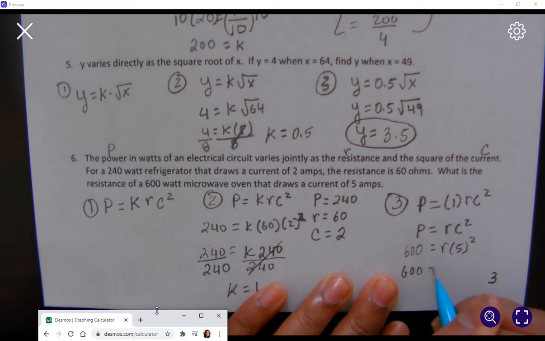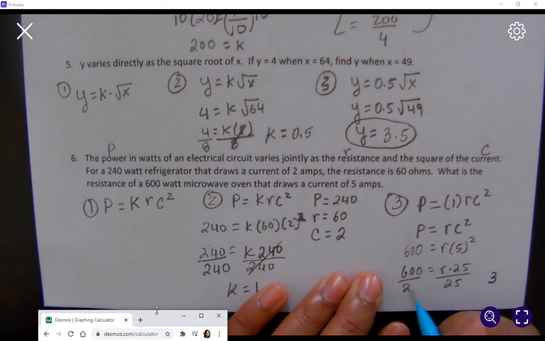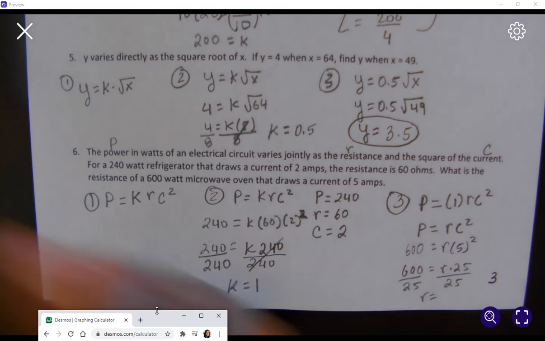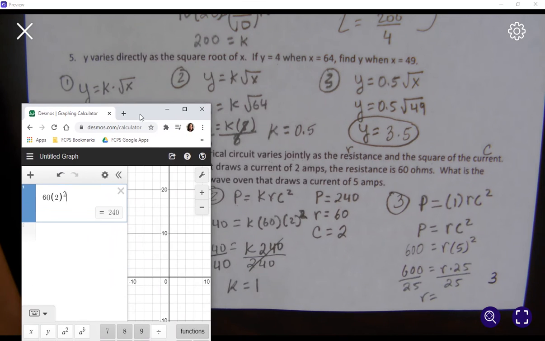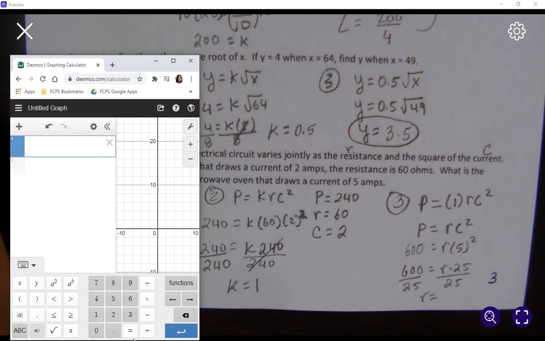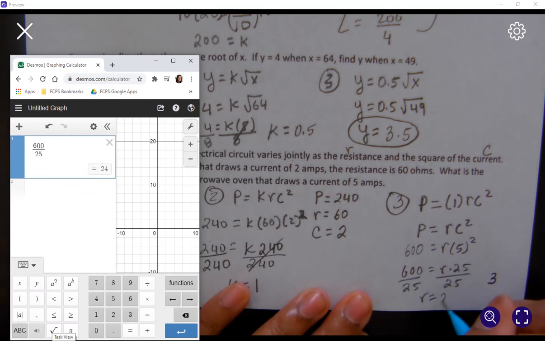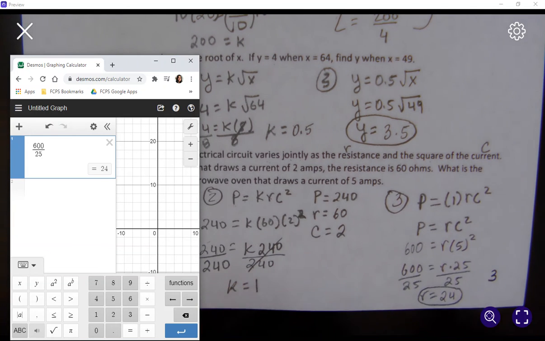So this is R times 25. So I'm going to divide both sides by 25. So you have R equals, I think that'd be 24, let's see, 600 divided by 25 is 24. Alright, class?